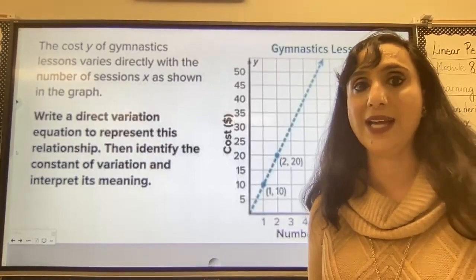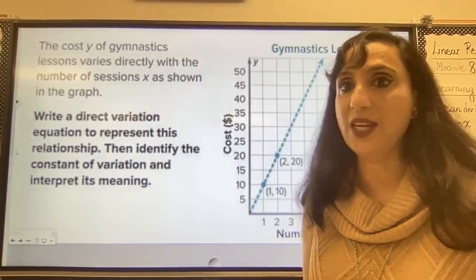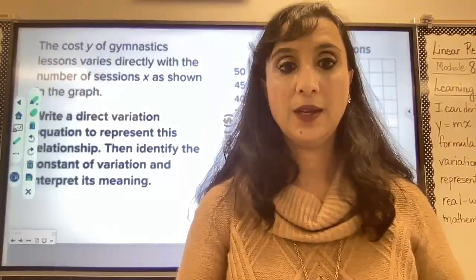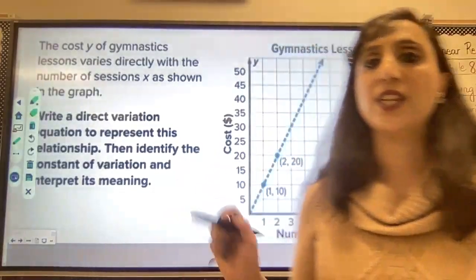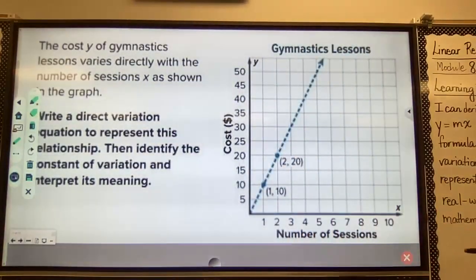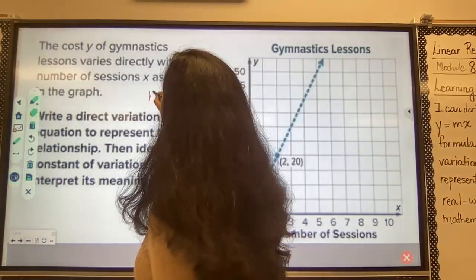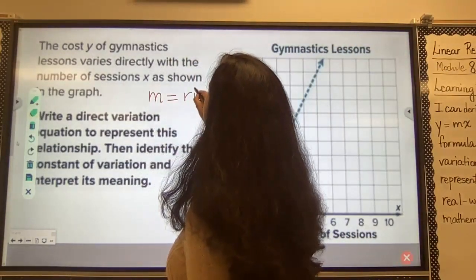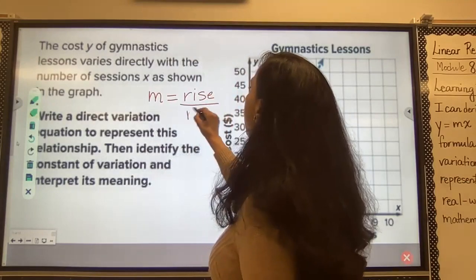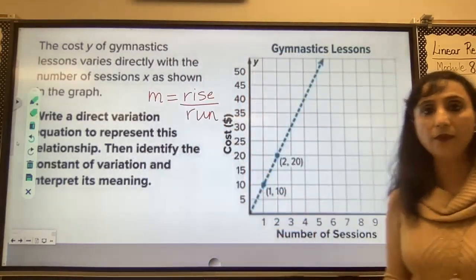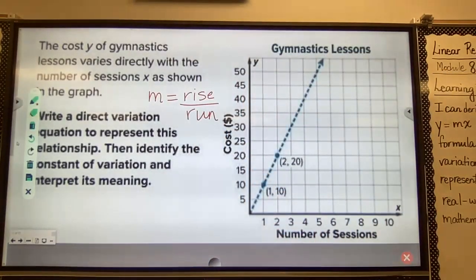So we know that the direct variation equation is y = mx. We're going to first find the slope using the graph. And I know that slope is rise over run. Then I'm going to choose any two points on the line and find the ratio of the rise to the run between the two points.